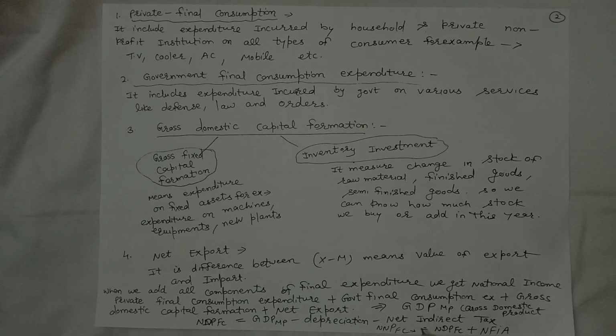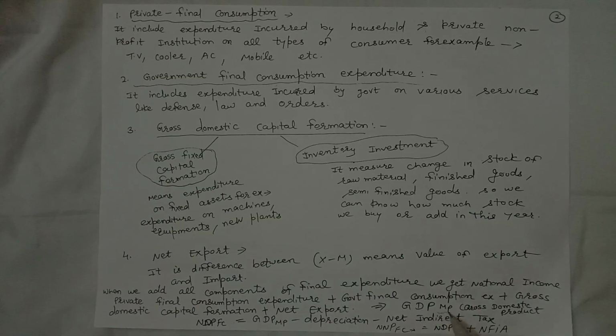Then what do we get? By adding all these we get GDP MP. What is that? That is gross domestic product at market price. MP is market price. From this we receive our national income from GDP MP.